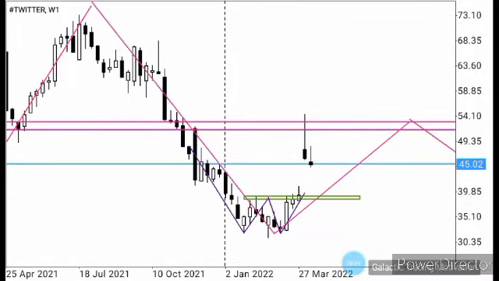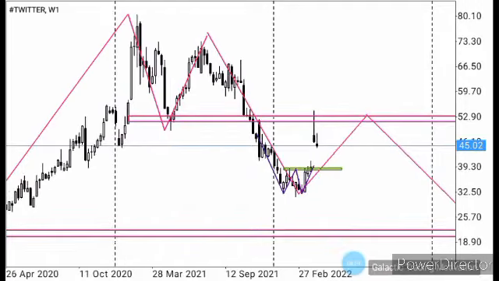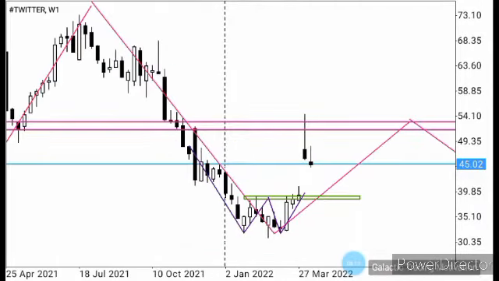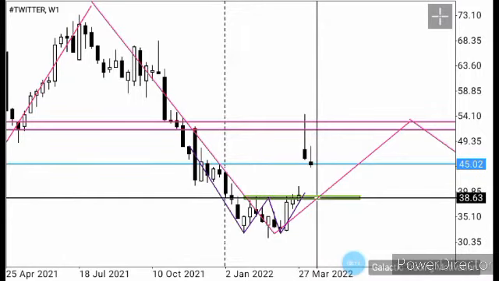Let's move right along. So I'm just going to use Fibonacci to see if actually this level aligns with any of the key areas on the Fibonacci retracement tool.